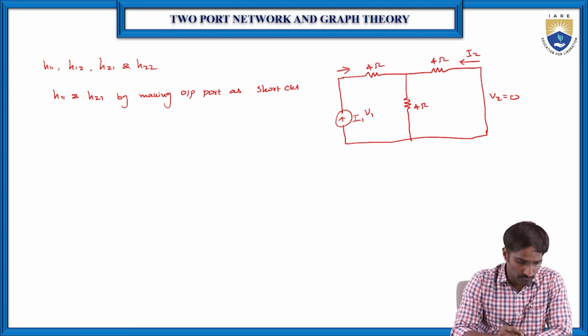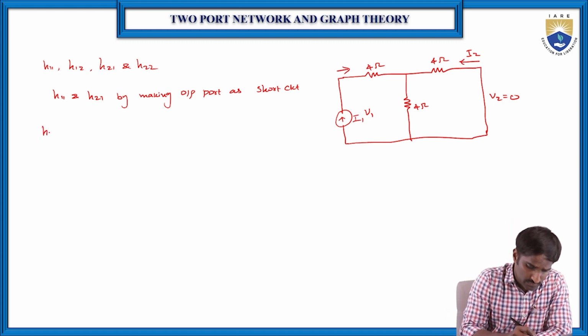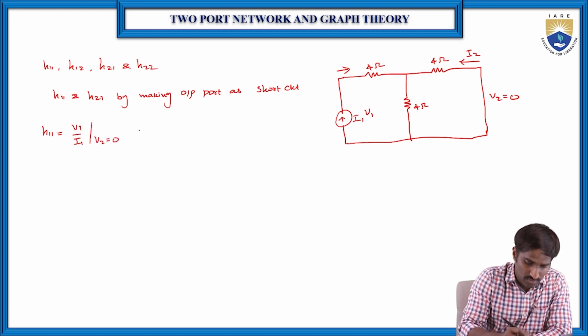To find this, first of all we should know H11 is equal to V1 by I1 by making V2 equal to 0. And similarly H21 is equal to I2 by I1, again by making V2 equal to 0.